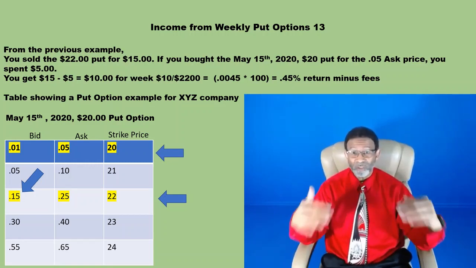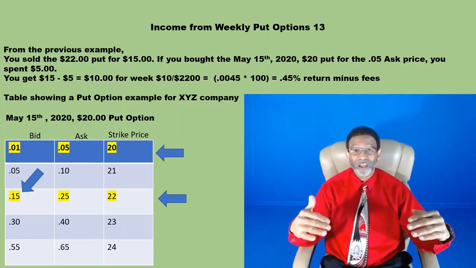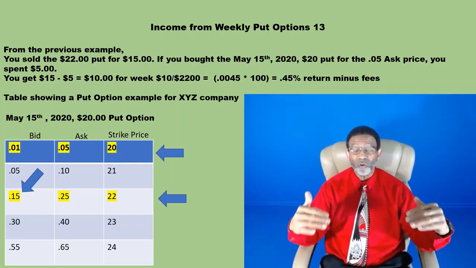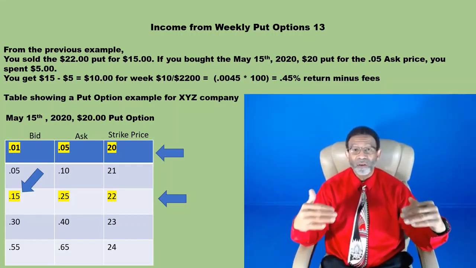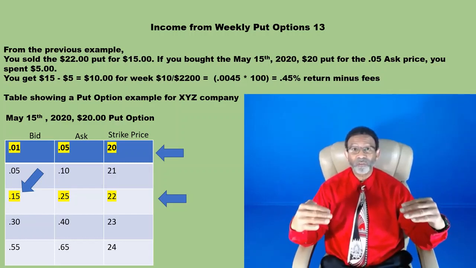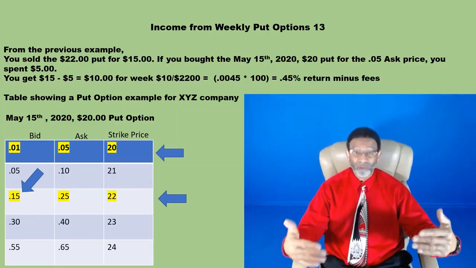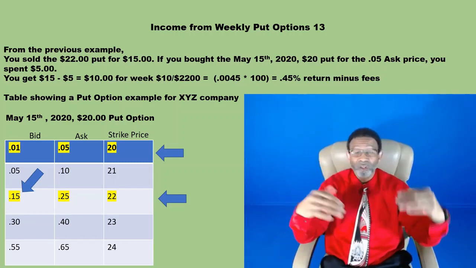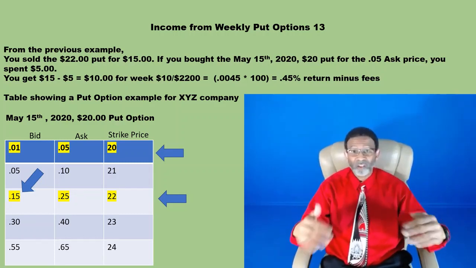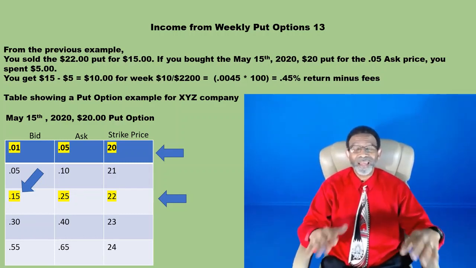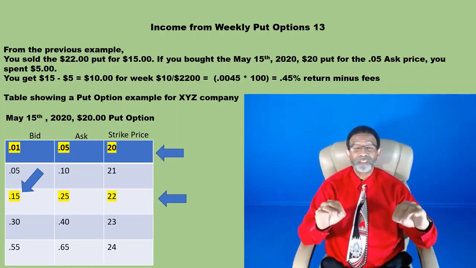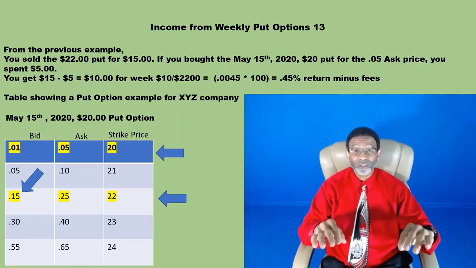So this is the protection I was talking about earlier, that you can actually control how far the stock goes down and what your limit is as far as paying. So if the stock went down, for example, to $18, you could actually exercise the put that you bought and sell the stock for $20 a share.